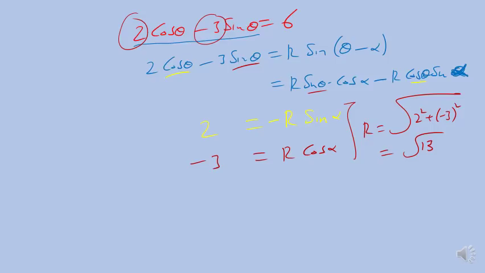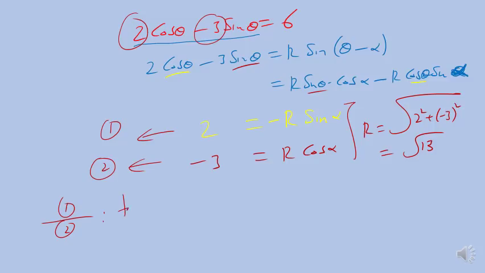Now this is interesting. So we have sine alpha over cos alpha. If I call that equation 1, call that equation 2, 1 over 2. So watch this, minus r and r cancel out, so you're going to get minus tan alpha is equal to minus 2/3.